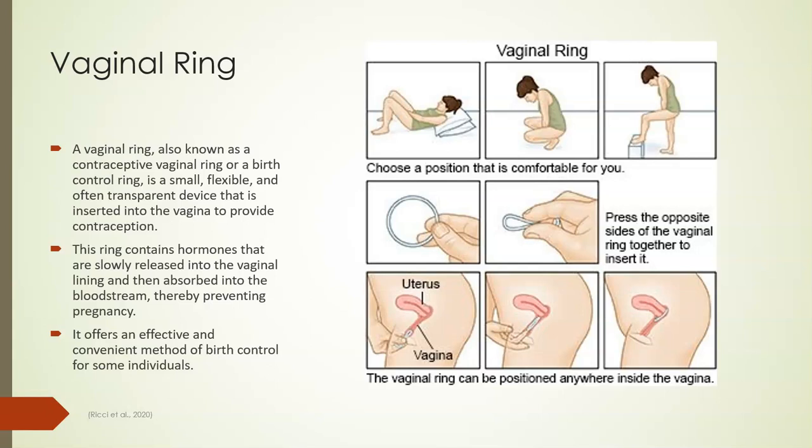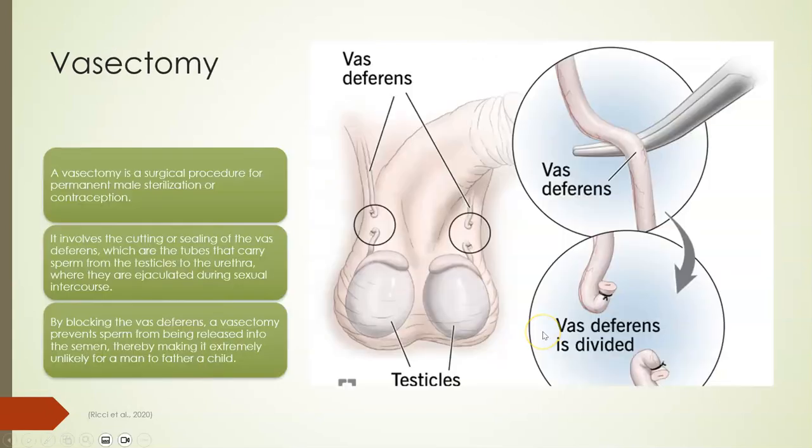This ring contains hormones that are slowly released into the vaginal lining and absorbed into the bloodstream, thereby preventing pregnancy. So it offers an effective and convenient method of birth control for some people, because not one size fits all. There are different types of birth control for different individuals.